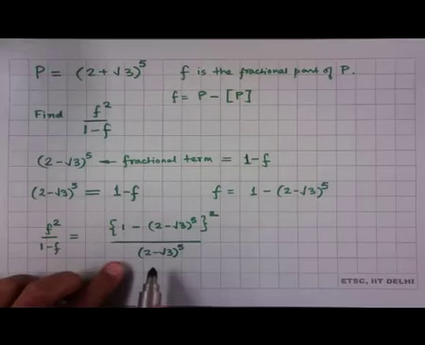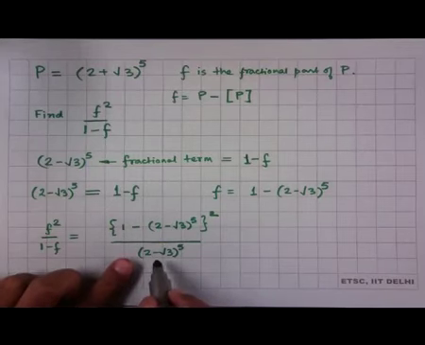So, you multiply numerator and denominator by (2 plus root 3) whole power 5.